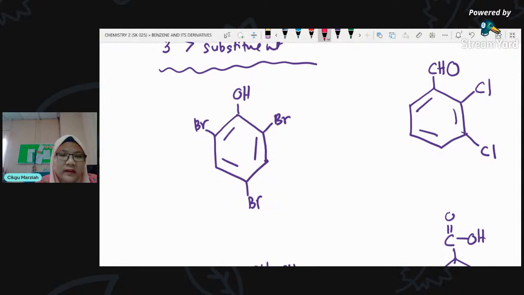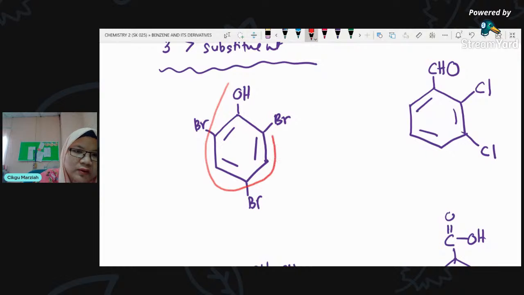Okay, first tengok dulu, ada tak yang boleh jadi parent? Parent instead of benzene. Also, if you can see here, we have a phenol. So, automatically, this is carbon number 1. This is carbon number 2, number 3, number 4, number 5, number 6. Okay. So it is automatically.